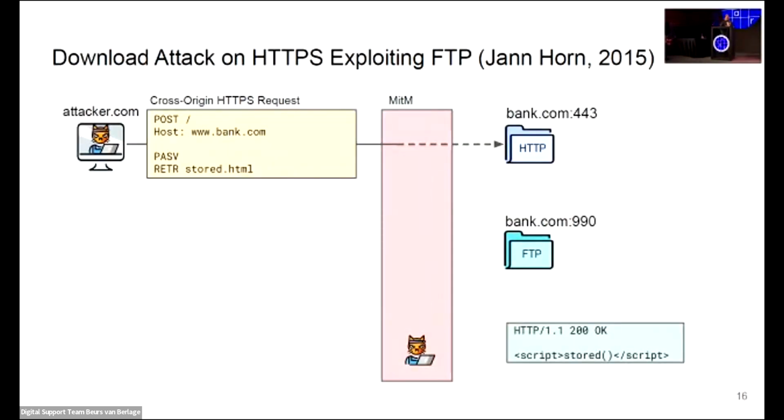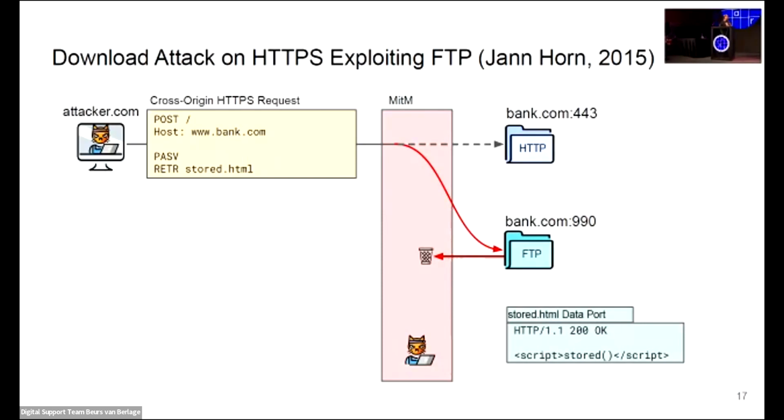So here's another attack. This is a download attack, also by Jan Horn, in which the attacker prepares the JavaScript as a stored file on the FTP server. It's in the bottom right. You have to have some sort of access to the content of the FTP server to do this. And then, in this case, the FTP commands contained in the request will open a data port.